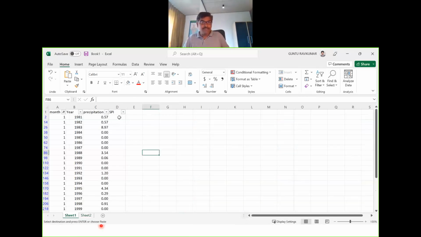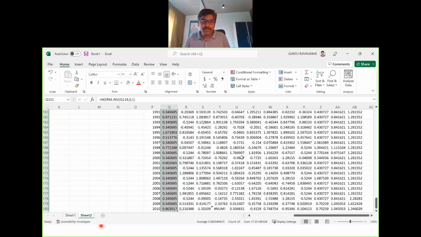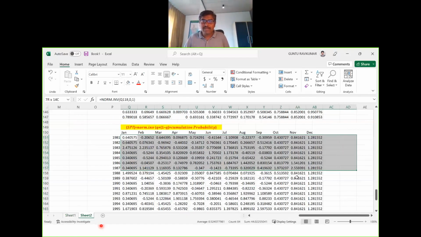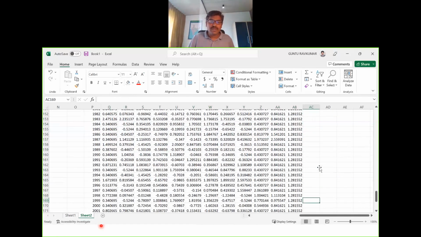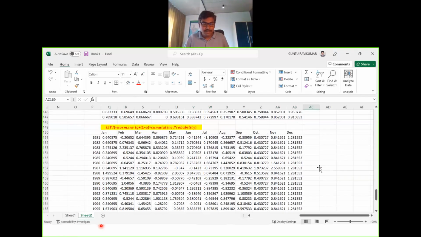Copy and paste it here. You can paste it like 1, 2, 3. Simply you can use this matrix for your calculations for understanding the SPI values.